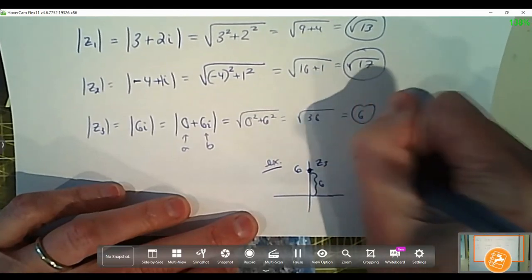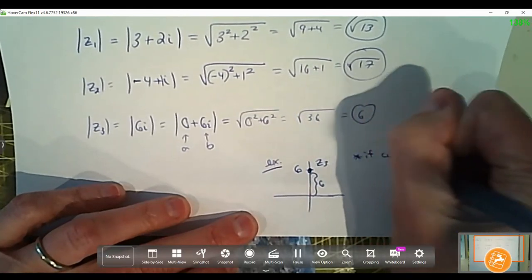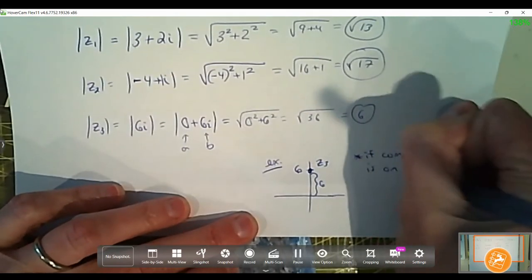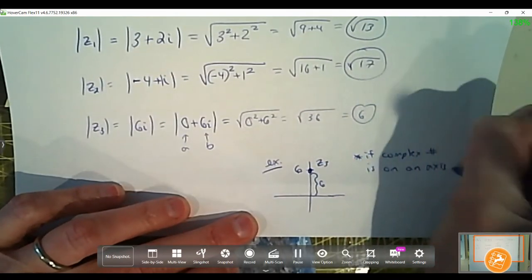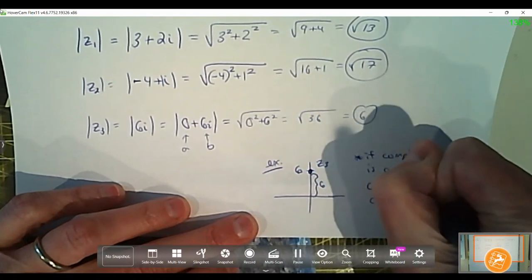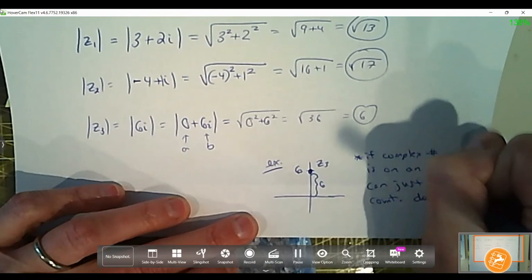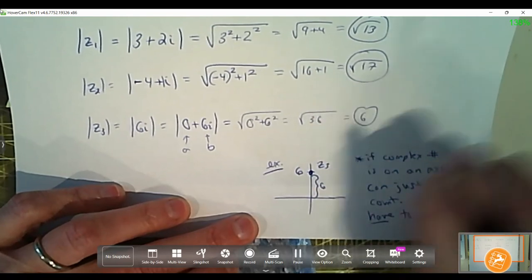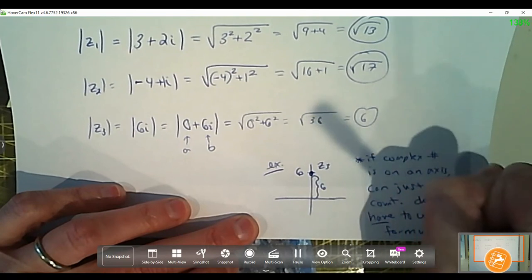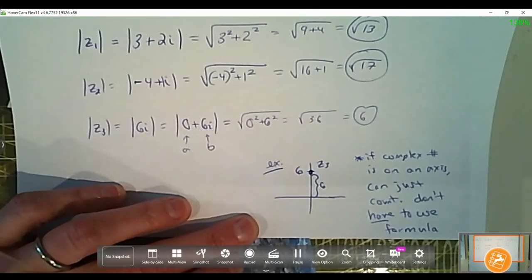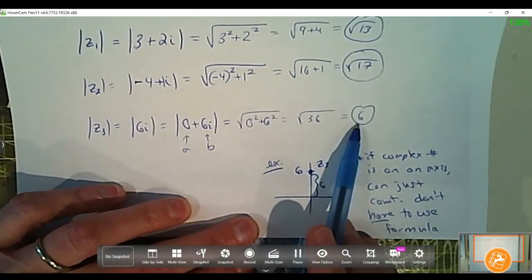If the complex number, when you plot it, is on an axis, you can just count to find the absolute value. You don't have to use the formula. You can use the formula if you want to, because it totally works, but you don't have to use it. All right, just remember absolute value should always be positive.